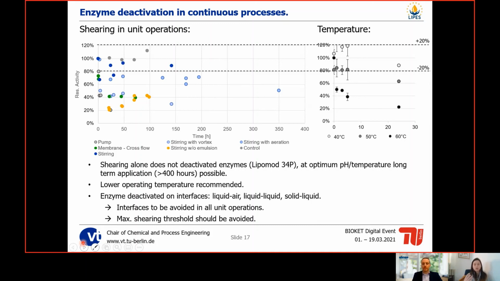So if we have air-liquid interfaces or cavitation in the pump, or vortices inside the stirred tank reactor, or even liquid-liquid interfaces like we have for our reaction, this can deactivate the enzymes because then the enzyme is subjected to higher shear rate. However, if the interfaces cannot be avoided, like for example in our system with the emulsion, then we should investigate what is the maximum shearing threshold for this specific enzyme, so that the enzyme doesn't completely denature inside the reactor.